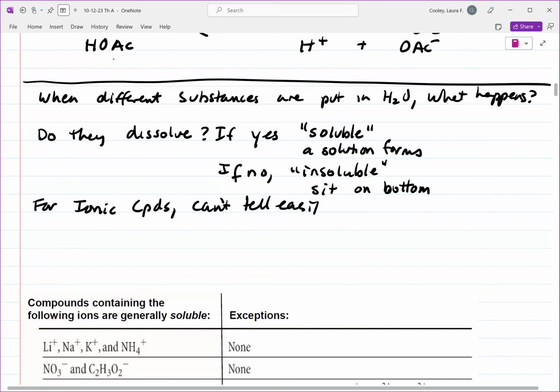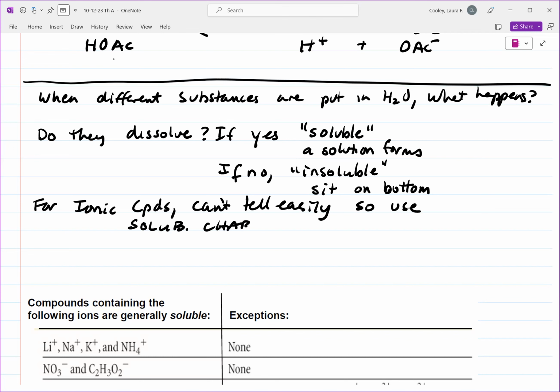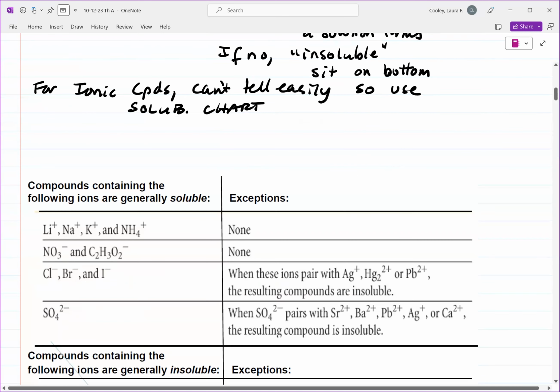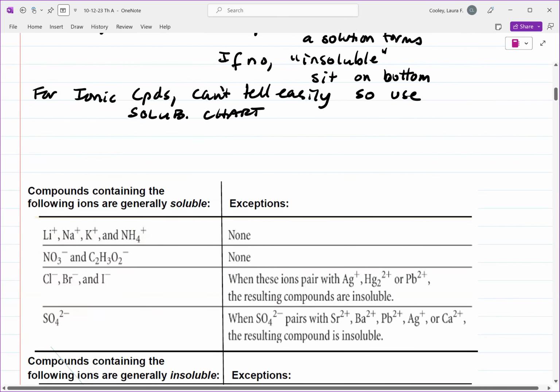So I'll just write, you can't tell easily. So we use this solubility chart, which my pen isn't working, so I'm standing here looking stupid. So I actually showed you this solubility chart last time, and we talked about how to use it. Okay, so this is for ionic compounds only.